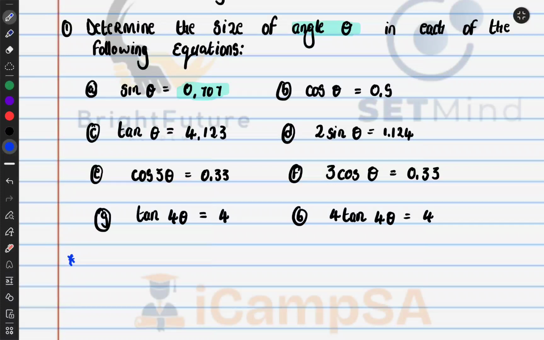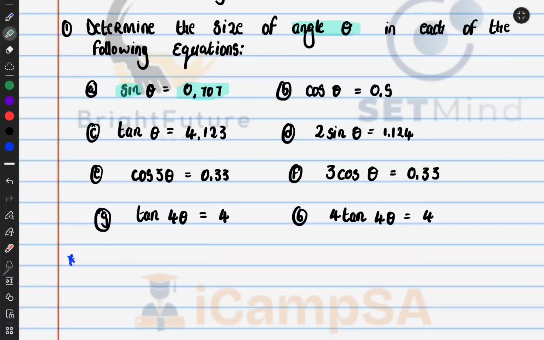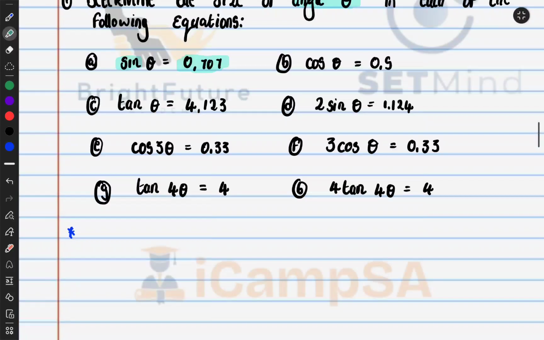So in order to take this sine away from theta, you should go to your calculator and press shift, and then you will press sine.